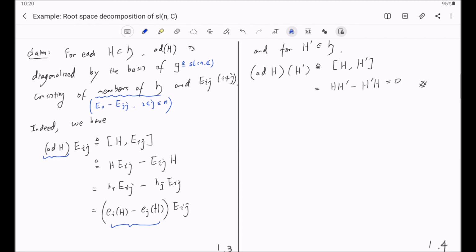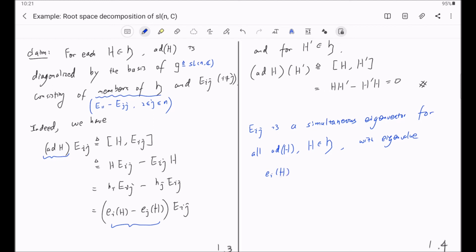As I mentioned earlier, E_ij is a simultaneous eigenvector for all ad h, where h is in this Lie subalgebra h, with eigenvalue e_i(h) minus e_j(h), which is (e_i minus e_j)(h).